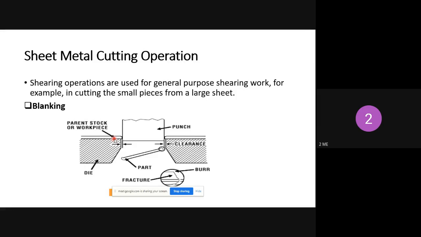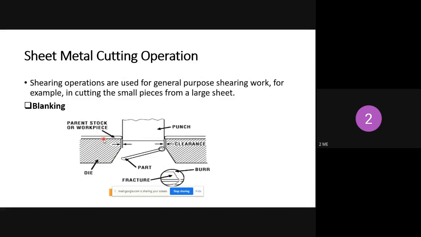Initially the sheet metal is placed in the die, which has a die opening. This creates blank space in the workpiece.